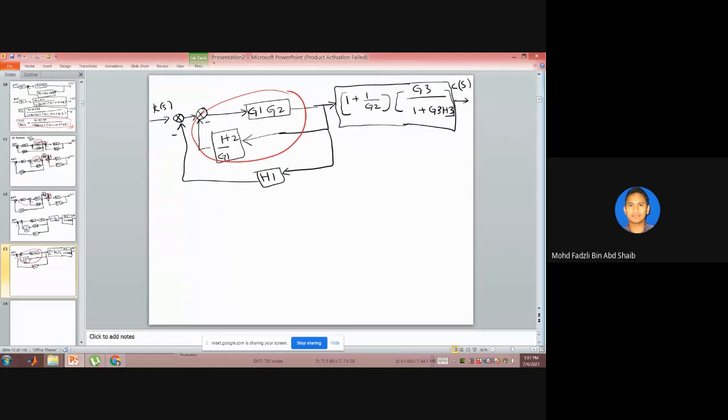So it becomes RS, G1 G2 over 1 plus G1 G2 times H2 over G1, right?